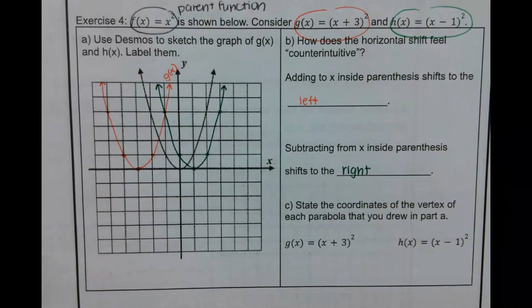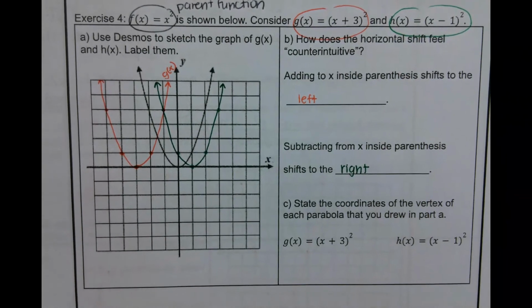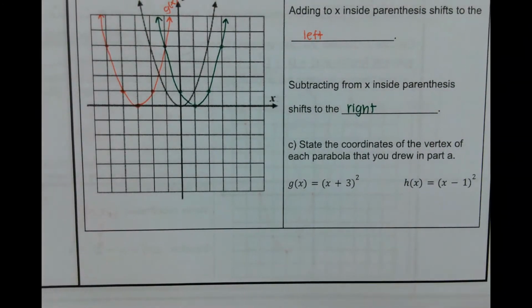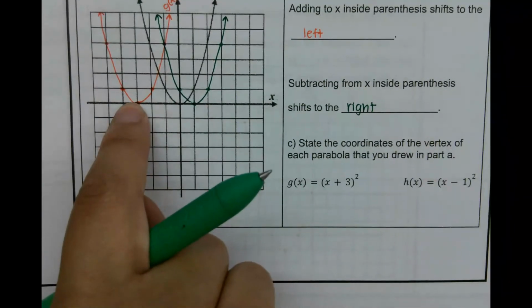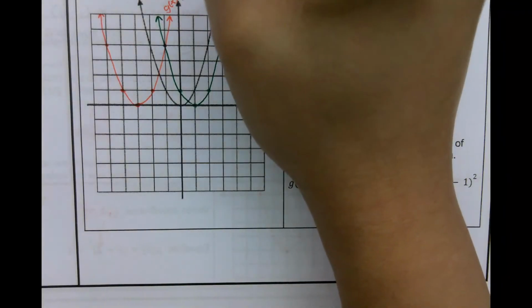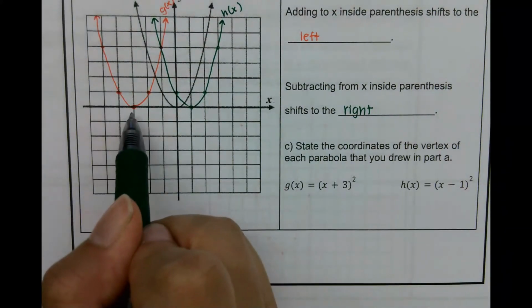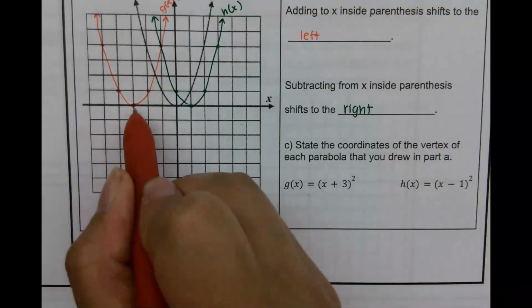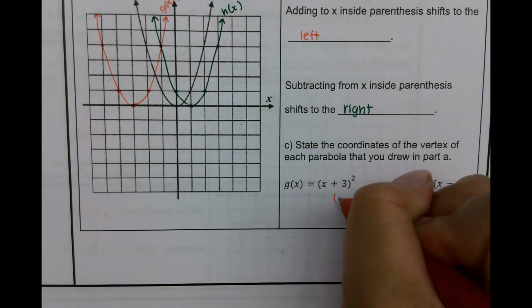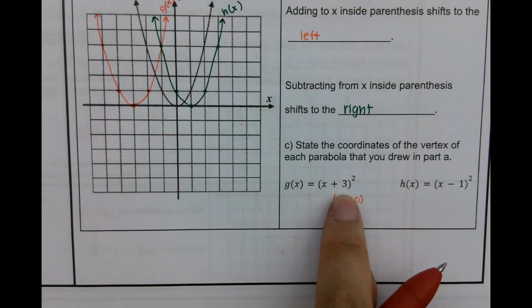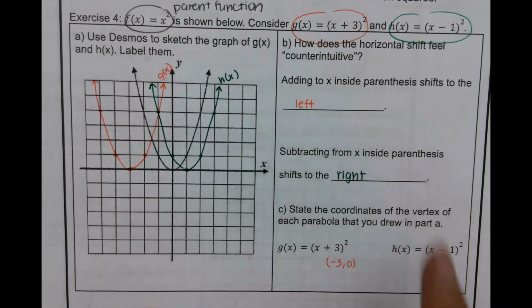That is why the horizontal shift is kind of the opposite of what we see. When we state the coordinates of the vertex of each parabola, g of x, the one here in red, has vertex negative 3, 0. Note that it is the opposite sign, which is why it felt counterintuitive.